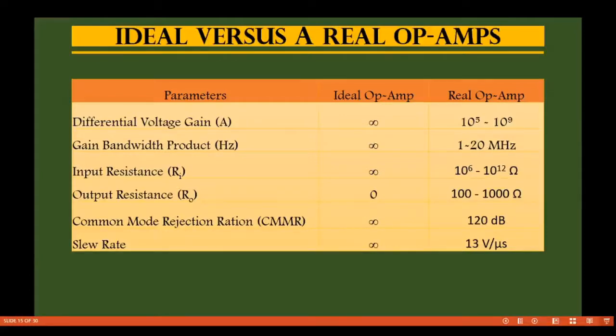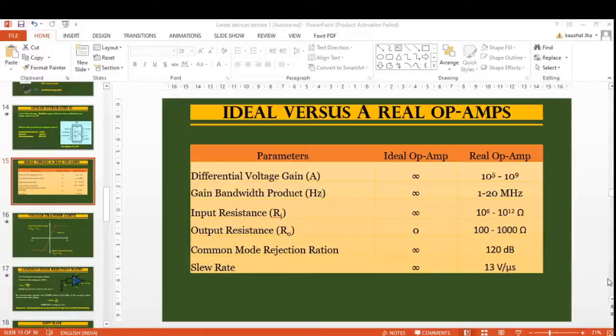The zero output resistance indicates that any number of loads can be driven by the ideal op-amp, whereas the common mode rejection ratio is infinite. It indicates how immune the op-amp is towards noise.